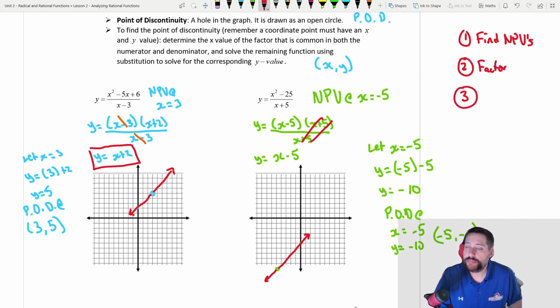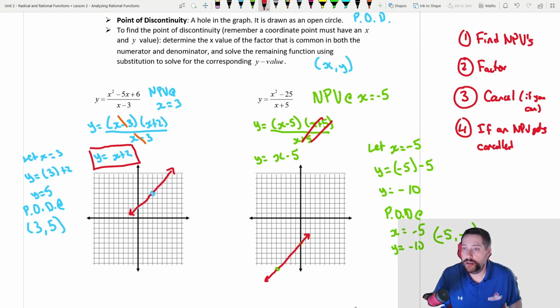3, okay, cancel if you can, obviously. So I'll say if you can. Okay, so this is 4. If an NPV gets canceled, it becomes a POD.